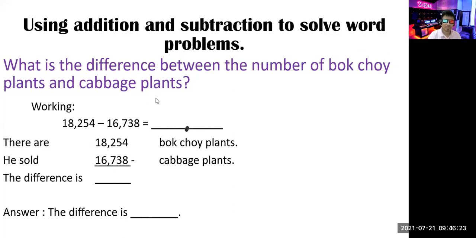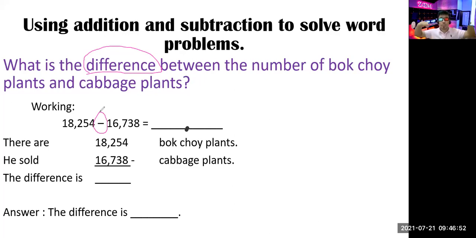Now here, let's go here. If we read the story in example number 2, what is the difference? The word difference, if you see it in a word problem, indicates a minus. That's why you can see here a minus sign. If you see the word difference, what is the difference between the height of Ran and the height of EQ?